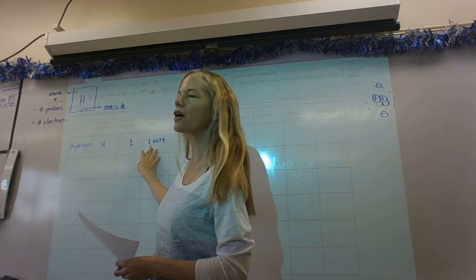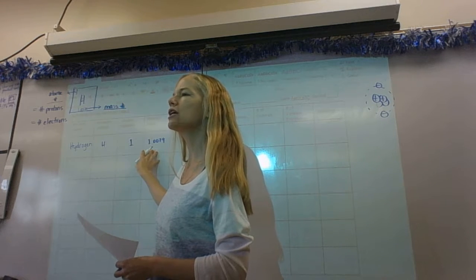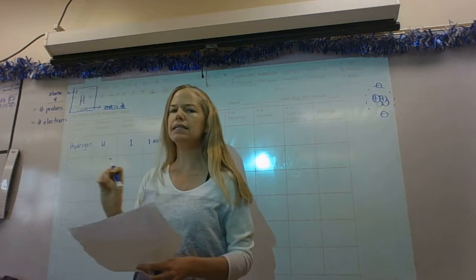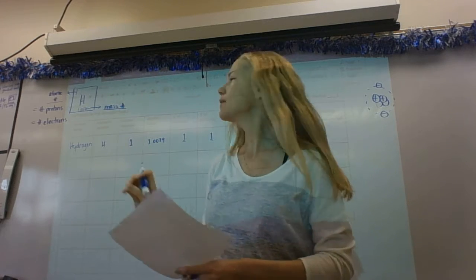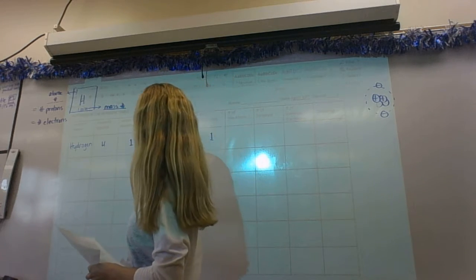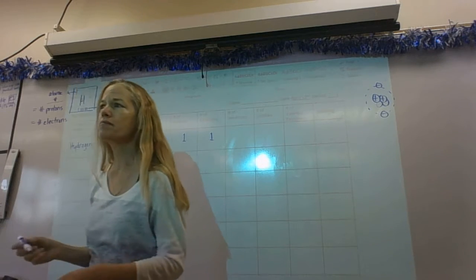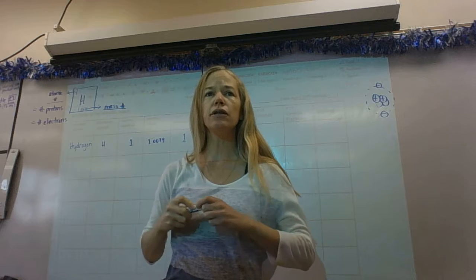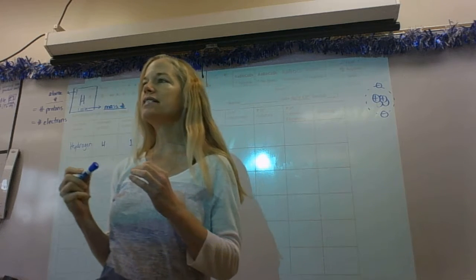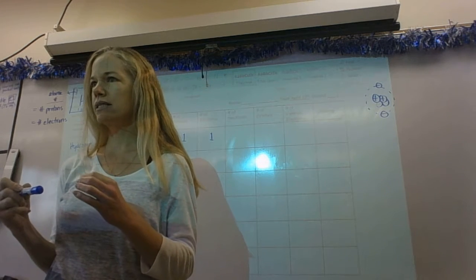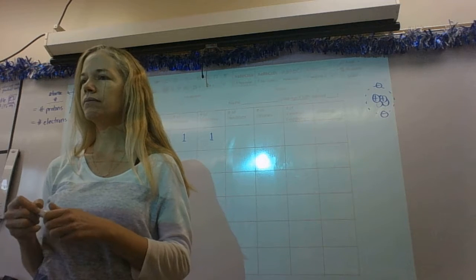Would we agree? It's not almost 2, is it? It's almost 1. Why isn't it exactly 1? This number, the atomic mass, is basically the mass of the atom. Every single element is going to have a different mass.